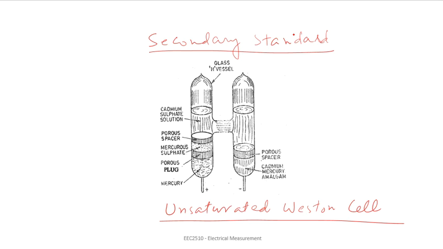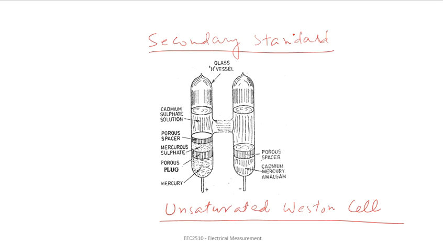Okay, now this secondary standard or the unsaturated Weston cell, if we talk about its construction, so it is similar to a saturated cell as we had just discussed previously, except one point, that it does not have the cadmium sulfate crystals as those were present in the saturated Weston cell.